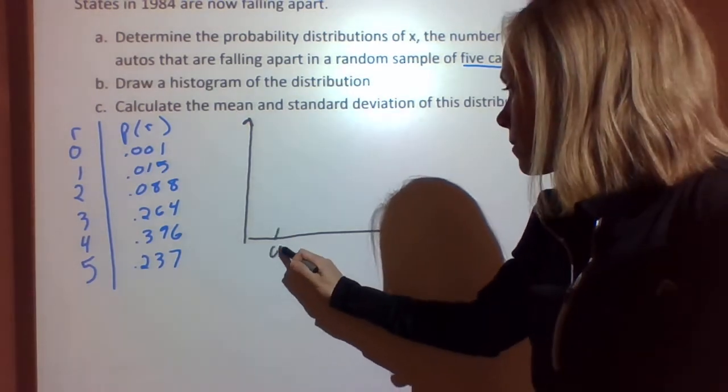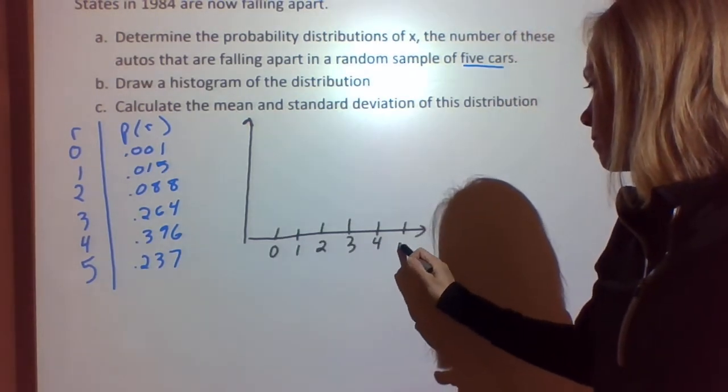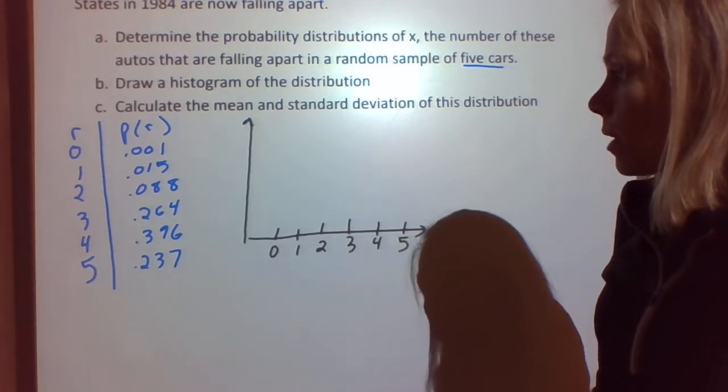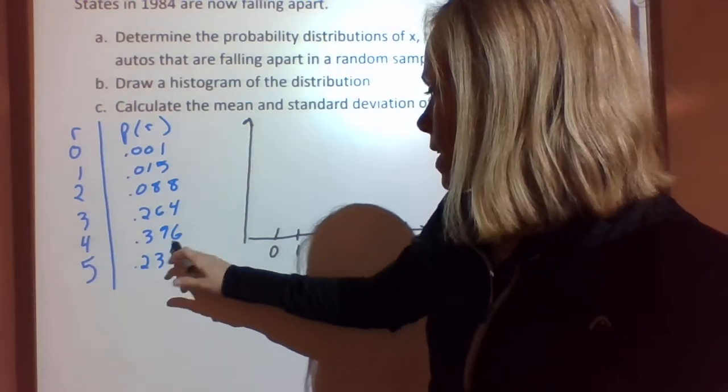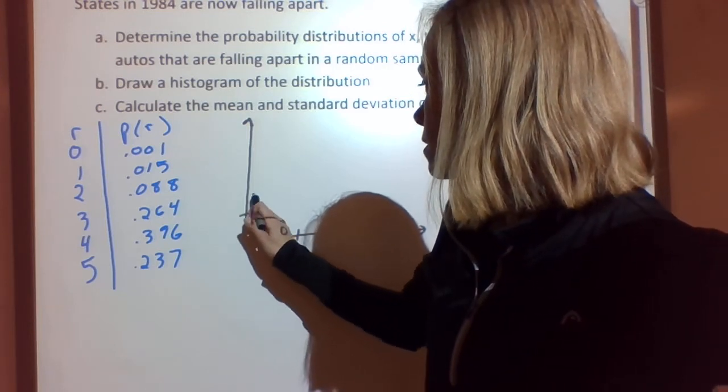I'm going to have 0, and probability, my biggest probability is 39, so maybe count by tens.